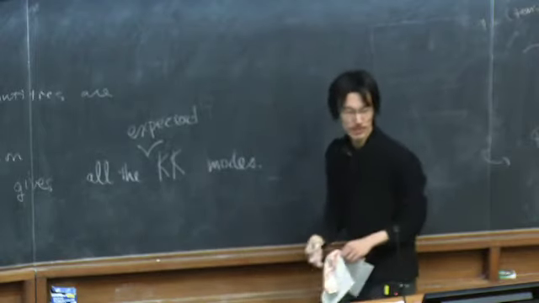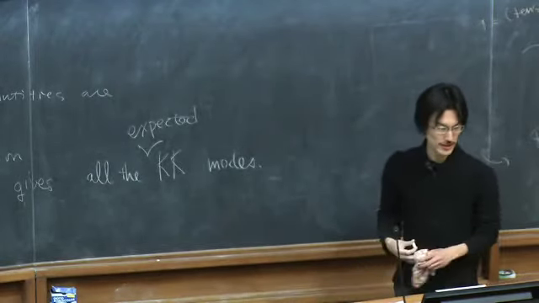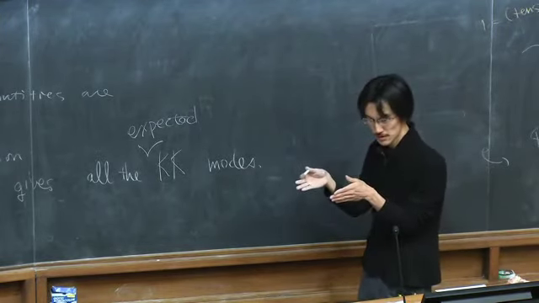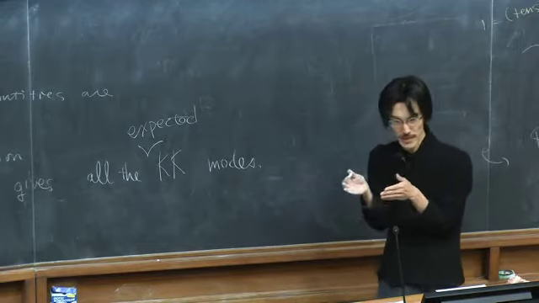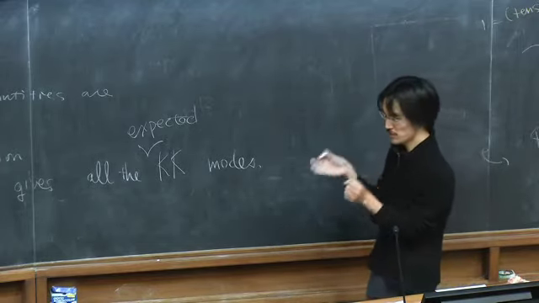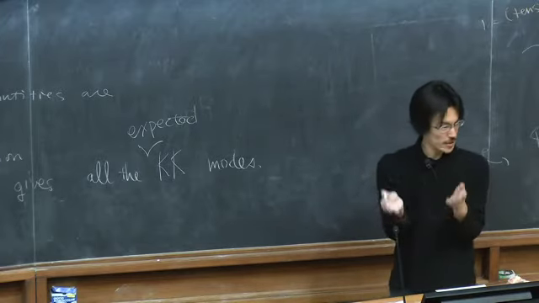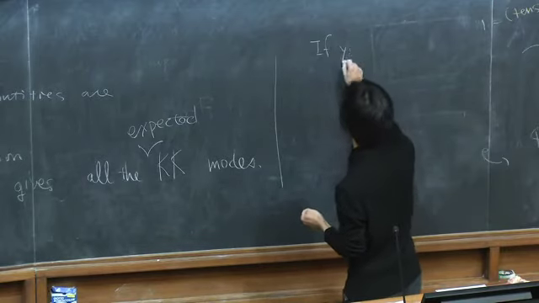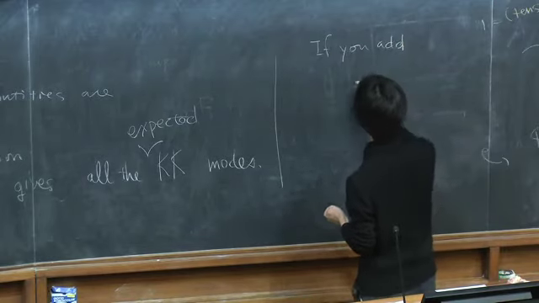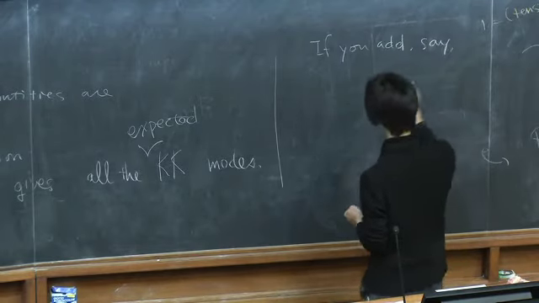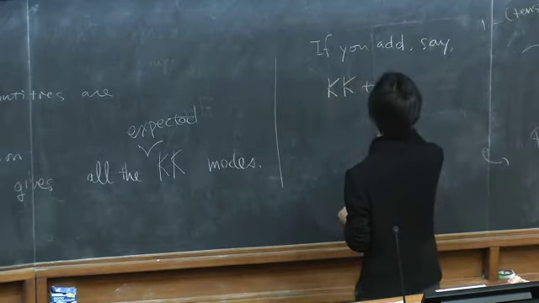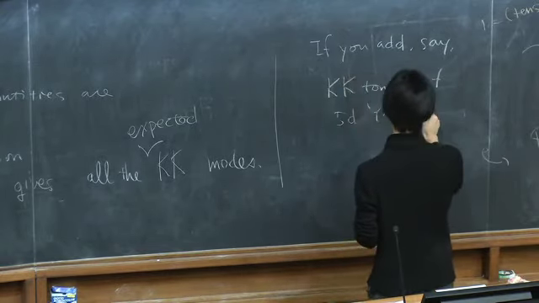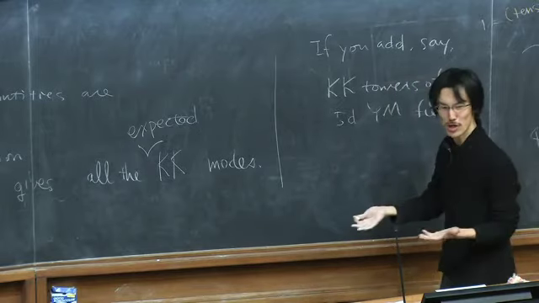So there are many impressive computations of 5-dimensional gauge theory using instanton counting. And if you look at the final result, without adding KK modes by hand, the final partition function looks like the 6D theory put on S1. In particular, if you add KK towers of 5D Yang-Mills fields, you get the wrong answer.